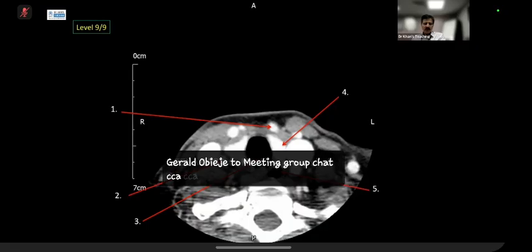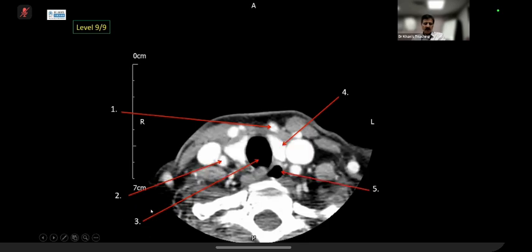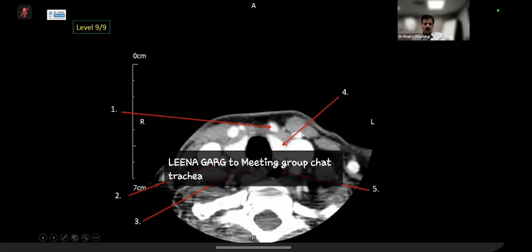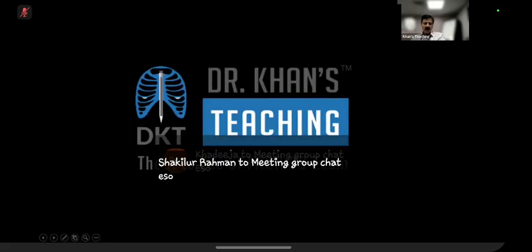Is it the common carotid or the internal carotid? Okay, people have answered that question. Number three, where are we? Trachea. Number four, thyroid. And number five is esophagus. So well done. We are through with today's session.